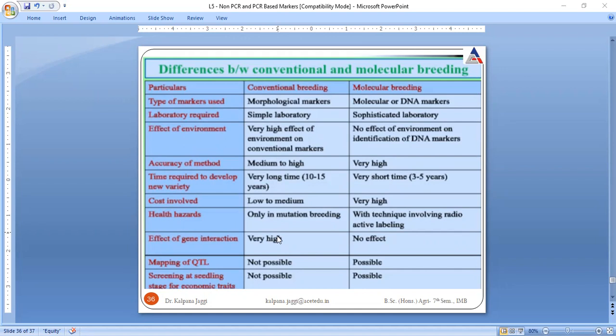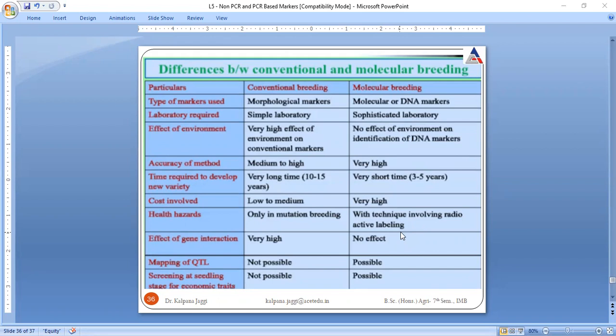Here, hazardous effects are only present in case any mutation breeding takes place. But in this case, this technique is here because, remember I said, when we are using the non-PCR ones, we are focused on hybridization.